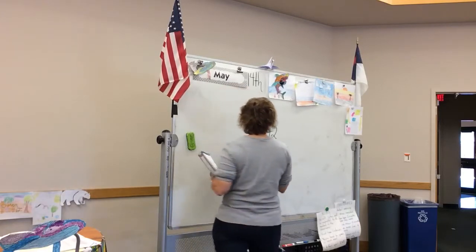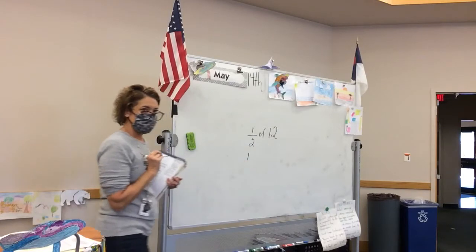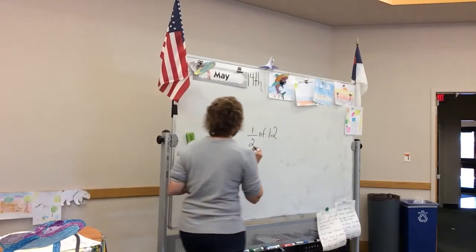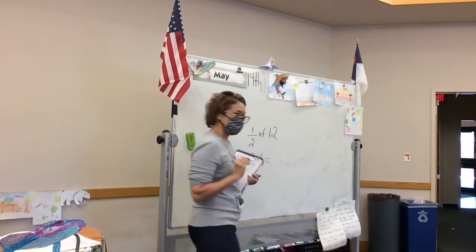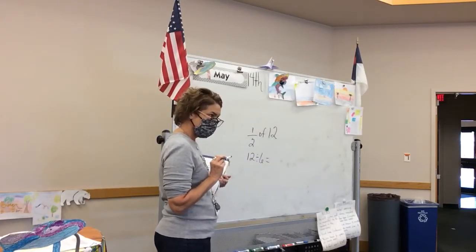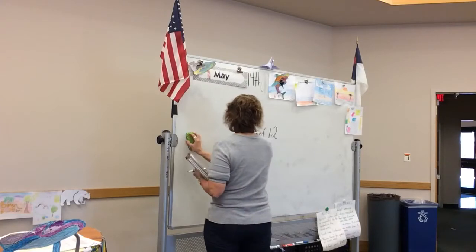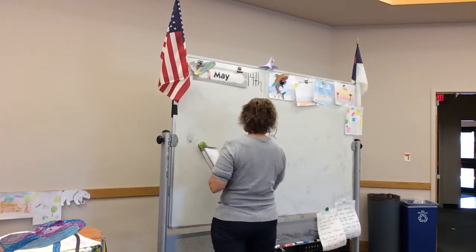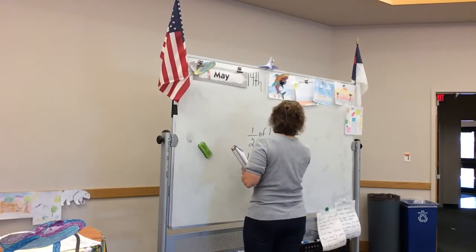Divide what? 12 and 2. 12 divided by 2, which is? 6. You wrote 12 divided by 2. Oh, yeah. 12 divided by 2, he said 6, right? All right, so that is this section.